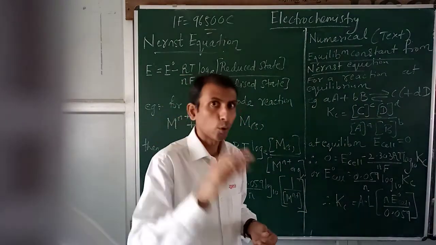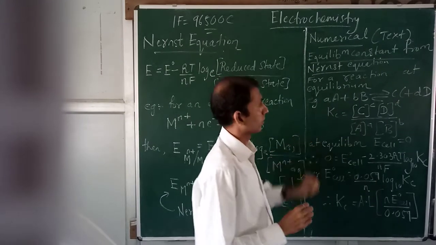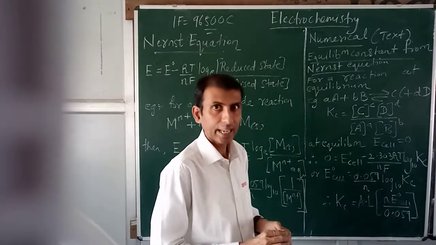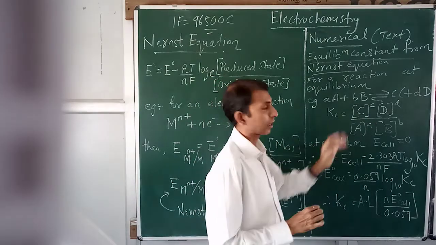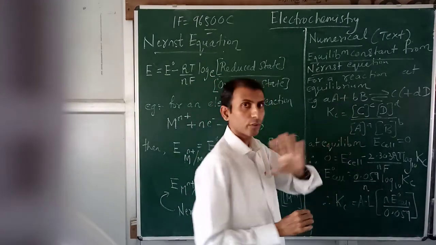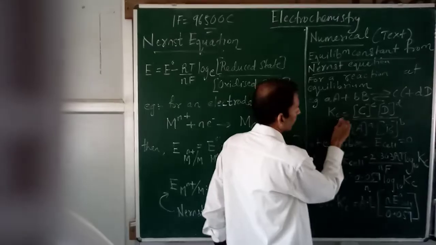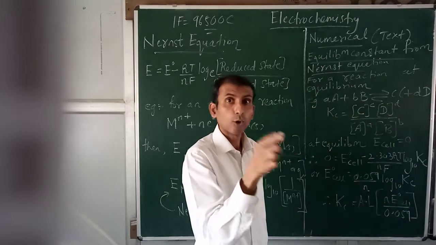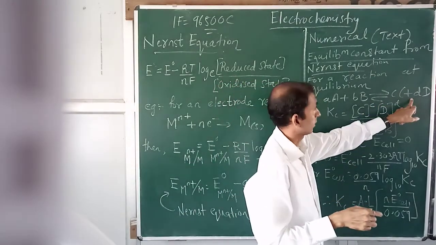and you also know how to write down the equation for the equilibrium constant K if the concentration terms are involved for this reaction. So how will we write now? Kc is equal to the product of the molar concentration of the products.